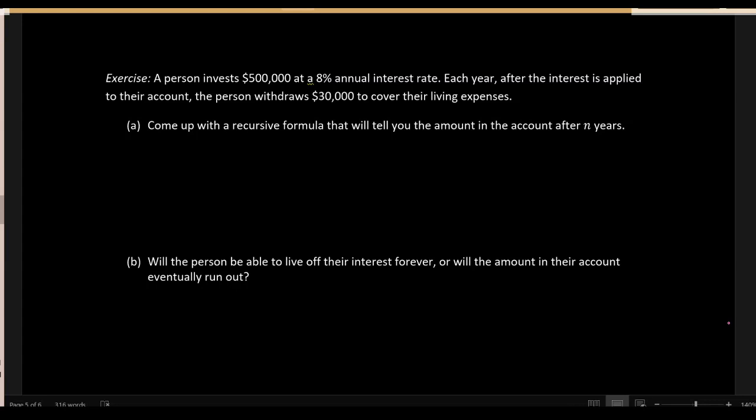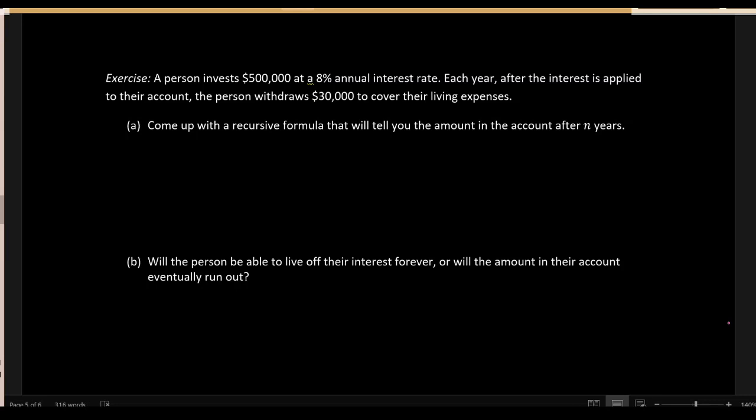And each year, after the interest is applied to the account, we're going to go into the investment and withdraw $30,000 to cover our living expenses for the year. Part A, let's try and come up with a recursive formula that will tell you the amount in the account after n years have passed.